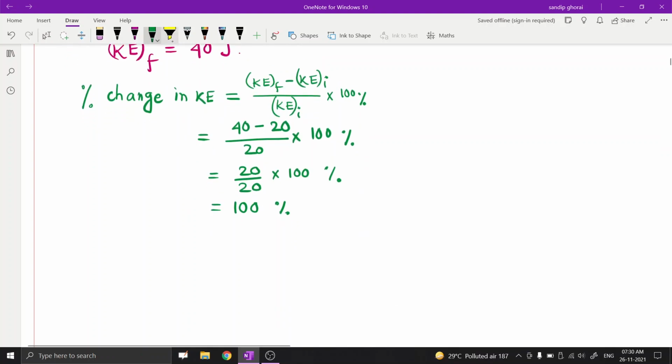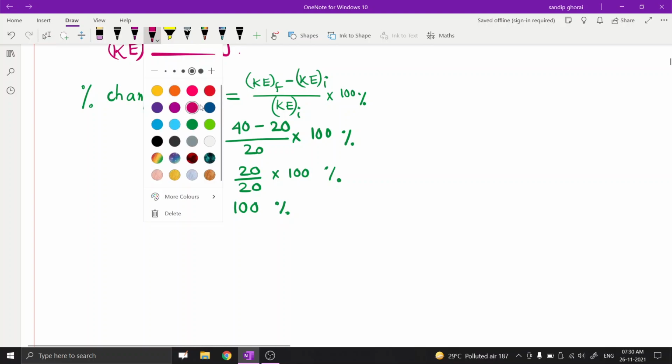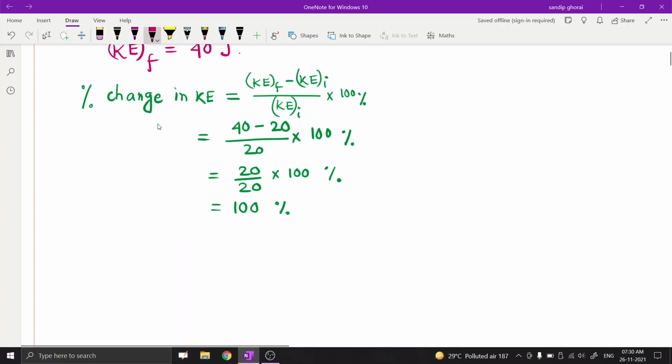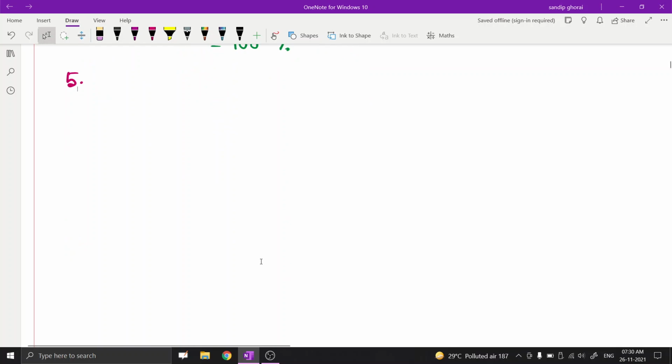Now we move to our next question, question number 5. Simply suppose a body is placed at a certain height from the ground, and the distance of the ball from the ground, suppose we take this as 10 meter.